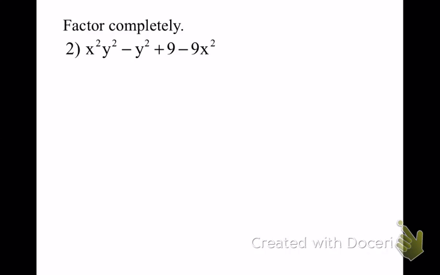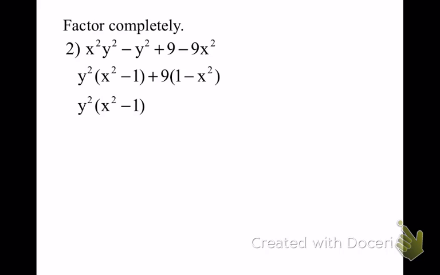Okay, this one's a little bit trickier because we've got the y squared that we can factor out. We've got the 9. And what we're actually left with, what are these called? X squared minus 1 and 1 minus x squared. They are called a difference of squares.